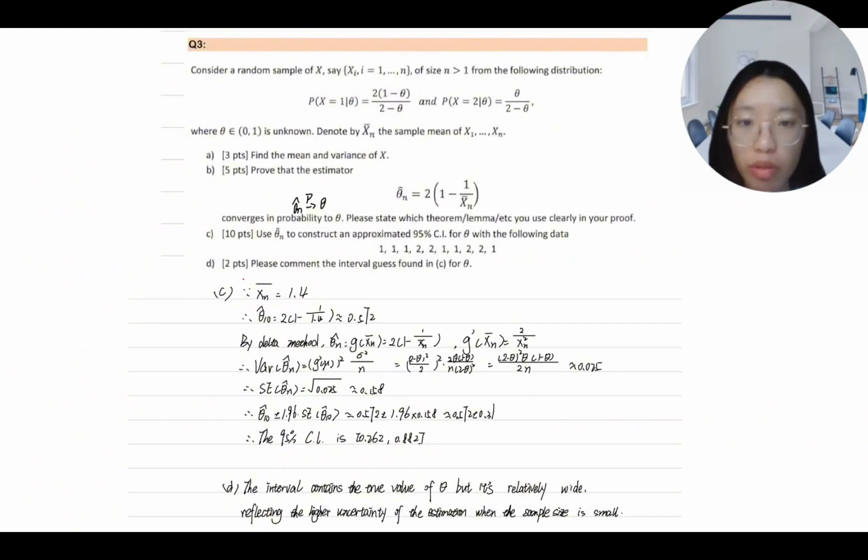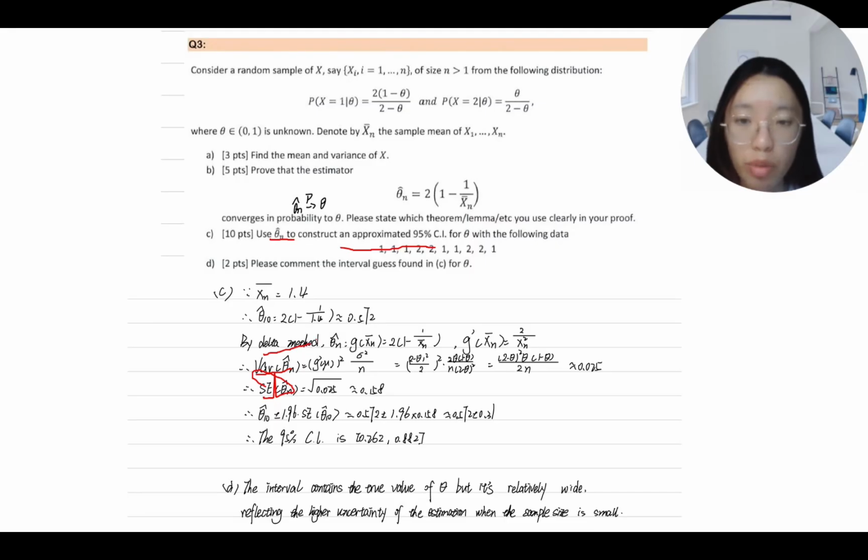C. Now we need to use the X n bar to construct an approximate 95% CI for theta. So just like question 1, we need to first calculate the standard error of X n bar. So we need to calculate the variance of X n bar, just using the delta method.